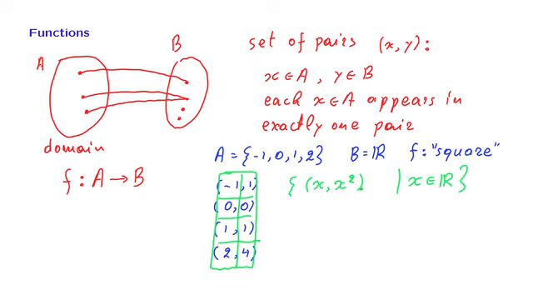And now such pairs, of course, belong to the two-dimensional plane because it's a pair of numbers. So this set here can be viewed as a formal definition or specification of the squaring function. Now, this set is something that we can actually plot. If we go on the two-dimensional plane, the points of this form are exactly the points that belong to the graph of the square function.